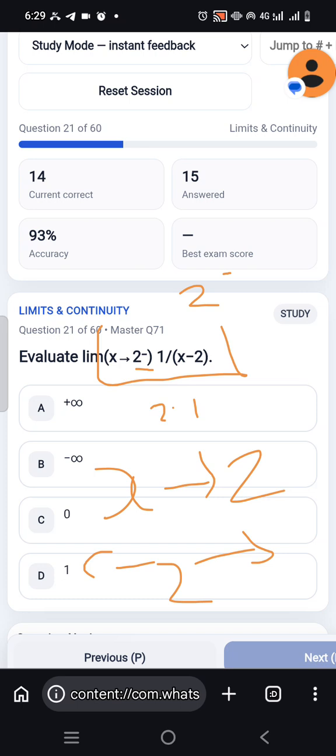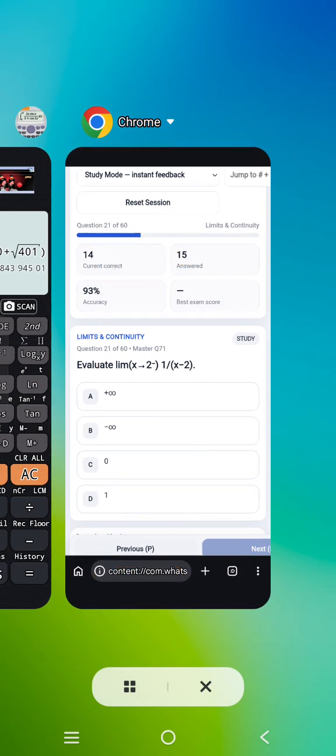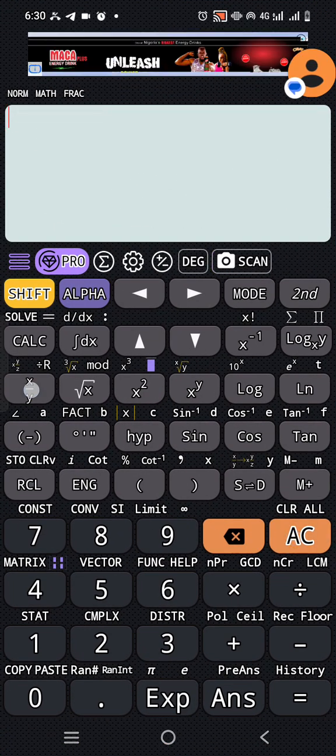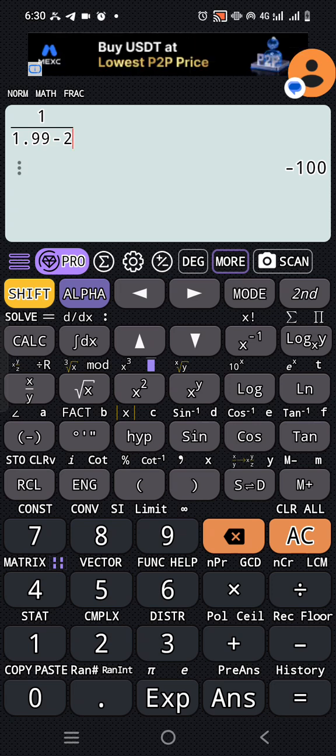So if you do 1 all over 1.99 minus 2, sorry, let's try that. 1 divided by 1.99 minus 2. We are getting negative 100. What does this 100 mean? Compare this with 1.99. See this 100, it's a very big number.